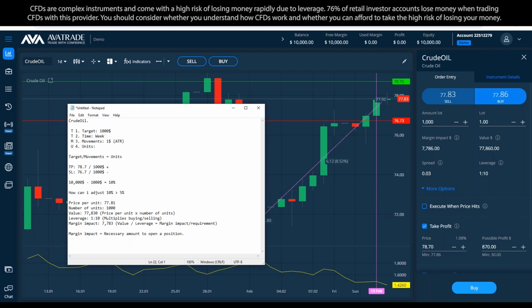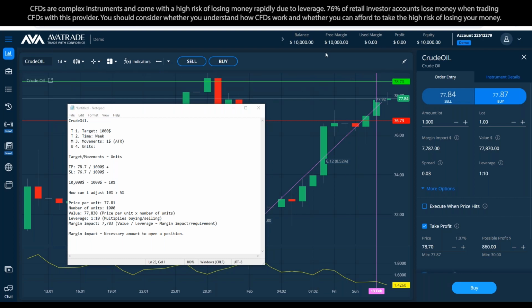Now you know how much money you need to open the position, not how much money, I'm sorry, how much margin. Now, what's the difference between money and margin? Danny, you have $10,000 and you have $10,000 in balance. So what's the difference?